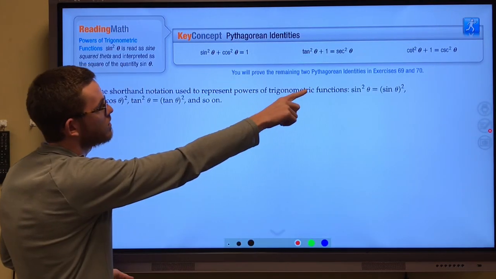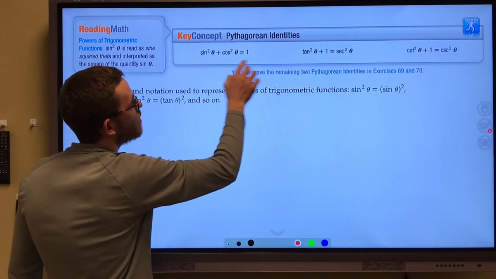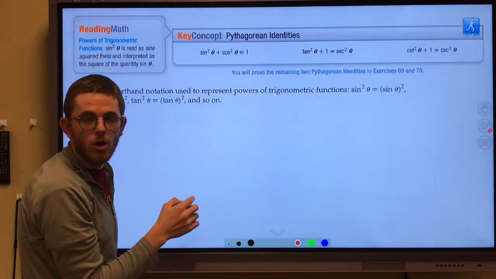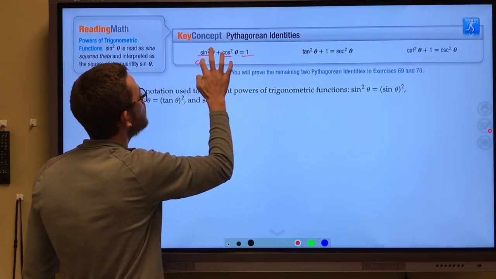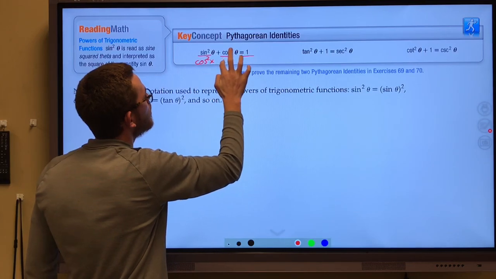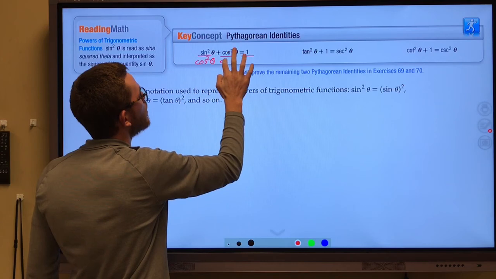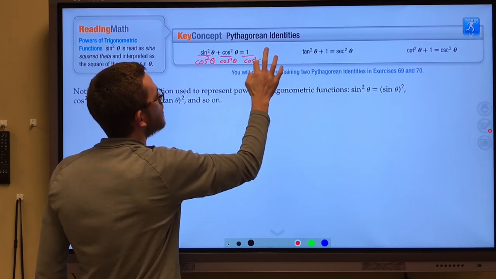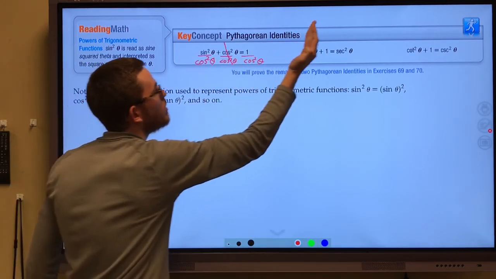So how do we get these? Well, notice here, in the second one, the cosine squared of theta is a 1. If we were to divide everything by cosine squared theta, the cosine squared has become a 1.